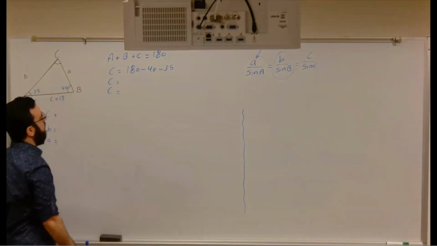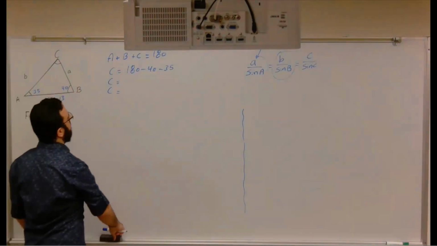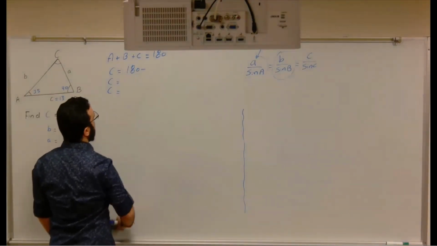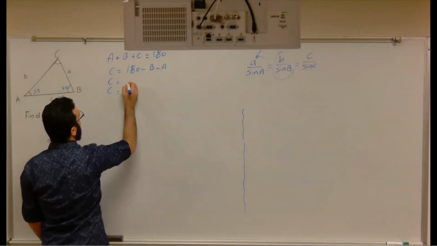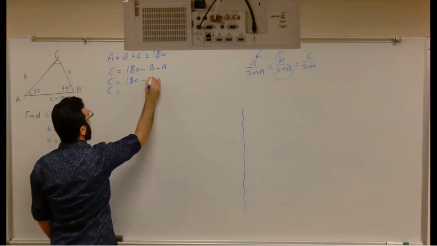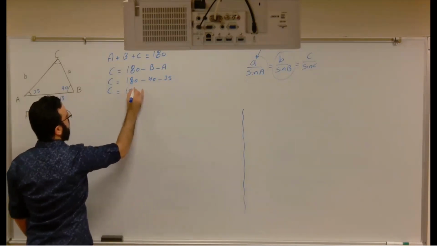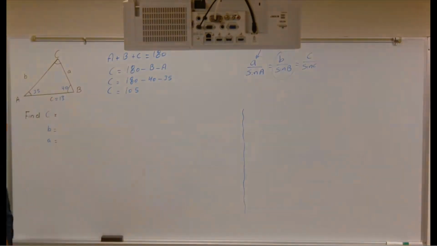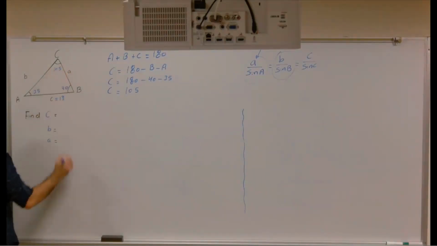How much is going to be? Minus 40 minus 35. So the found the angle C is 105.